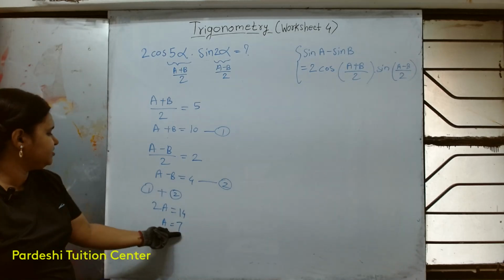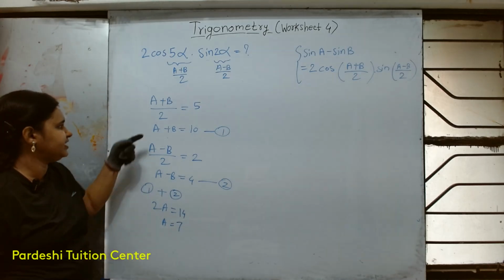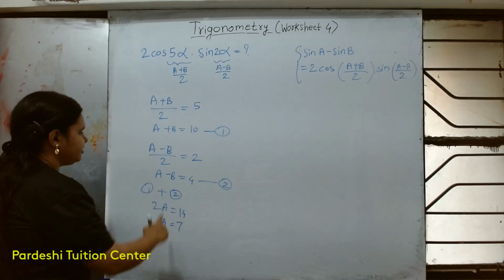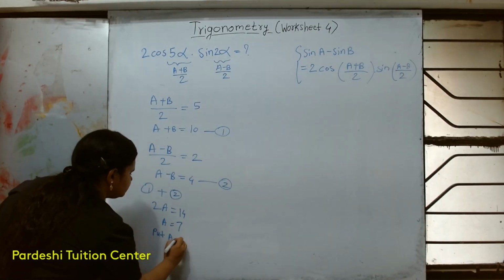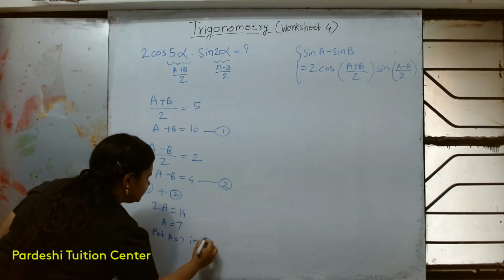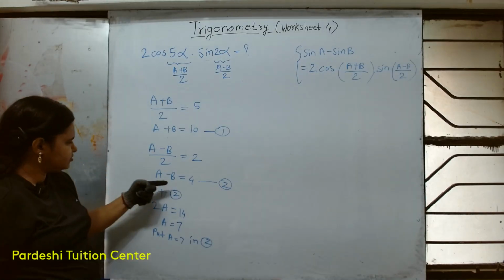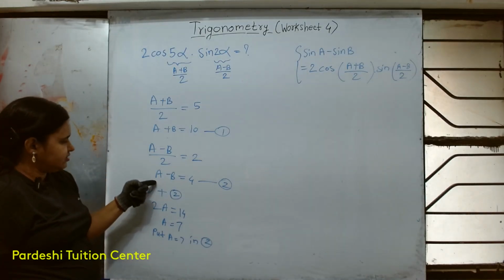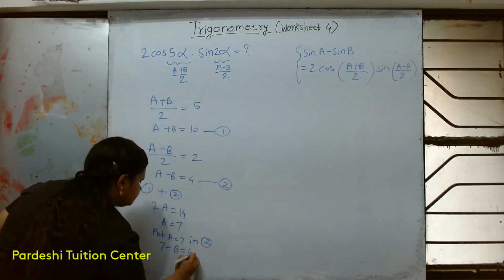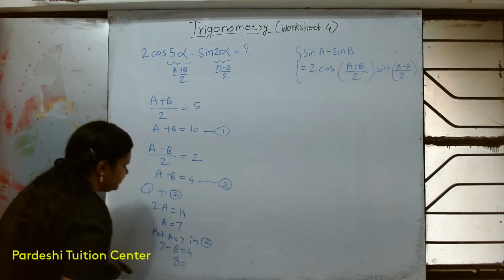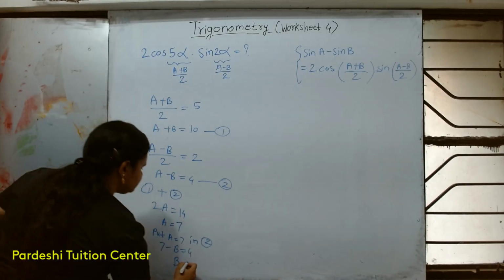By putting the value of a equals 7 in either of the equations, we can find the value of b. I am putting a equals 7 in equation 2. So it will be 7 minus b equals 4. So b will be equal to 7 minus 4, that is 3.